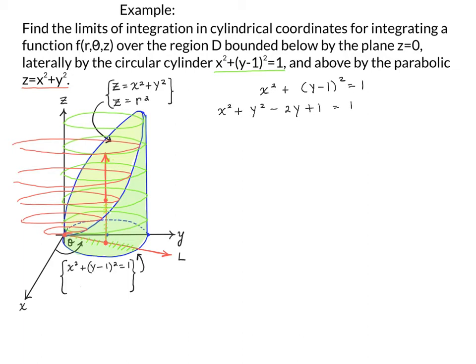And let's subtract 1 from both sides, and we get x squared plus y squared minus 2y is equal to 0. If we group x squared and y squared together, we know that x squared plus y squared is equal to r squared, minus 2 times y, and we know that y is r sine theta, and that's equal to 0.